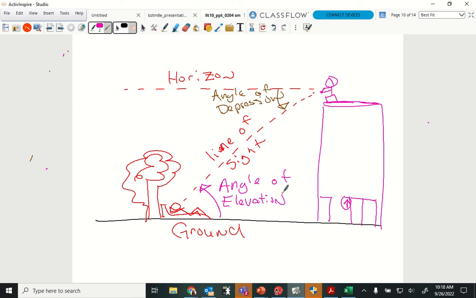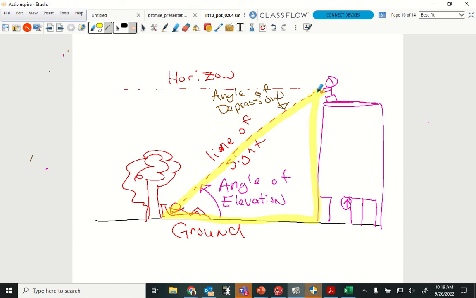So I have a right triangle there. If I'm given the angle of depression, I can use it in my enclosed triangle over here, to make life a whole lot easier.